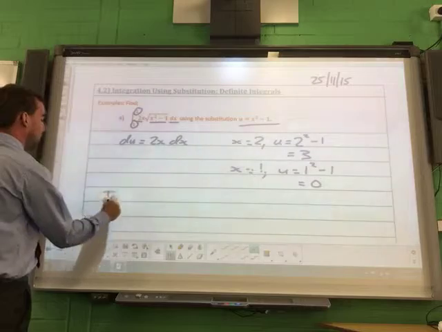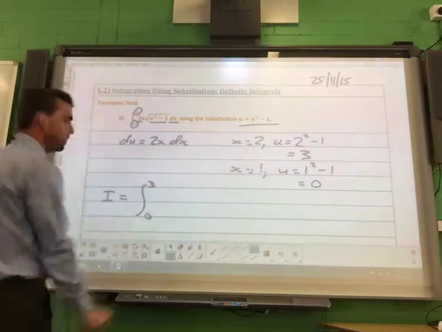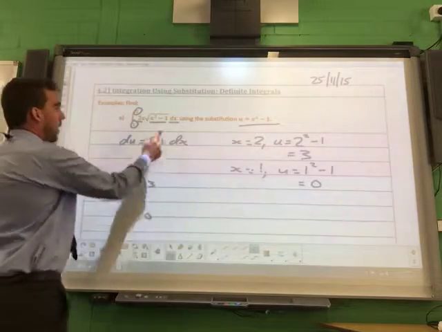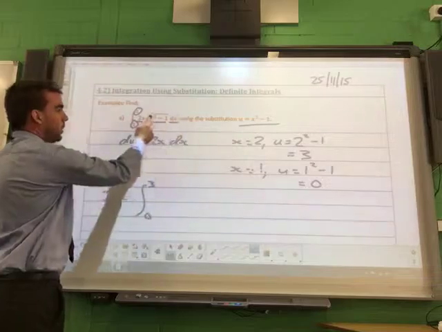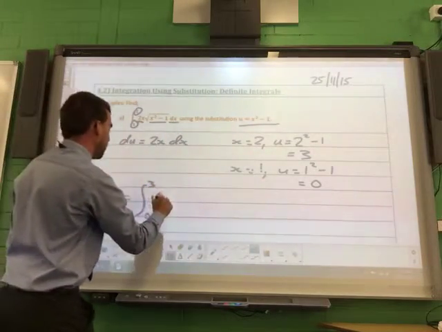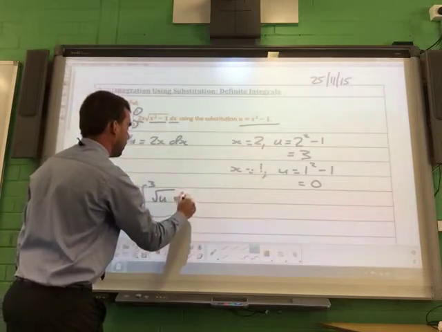Right, so the integrand becomes, from 3 to 0, my new limits of integration of u's. The x squared take away 1 gets replaced with the u, and I've already got the straight substitution for 2x dx. So it'll be u square root of u du.